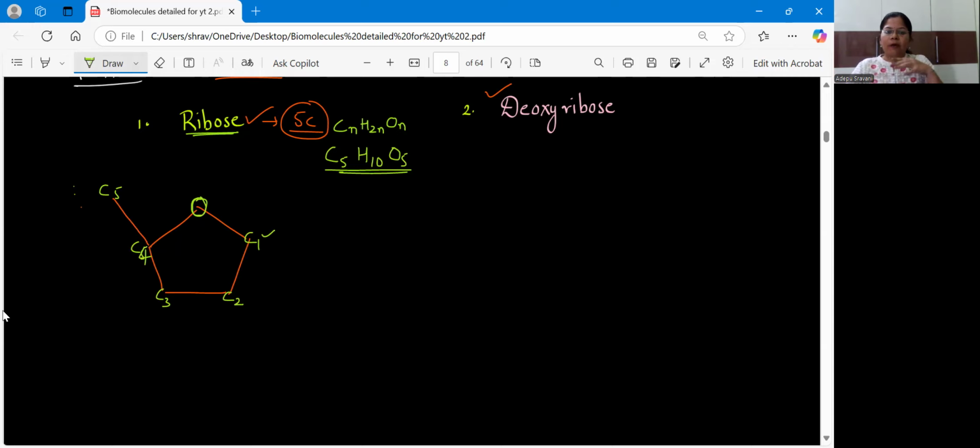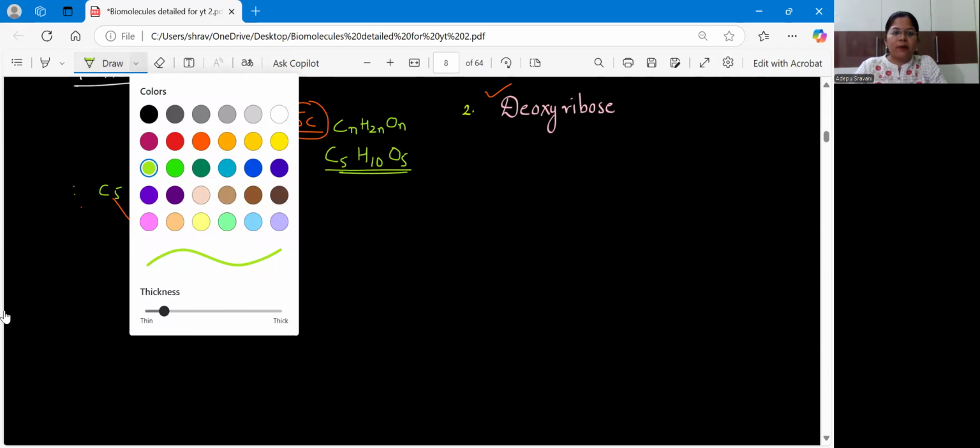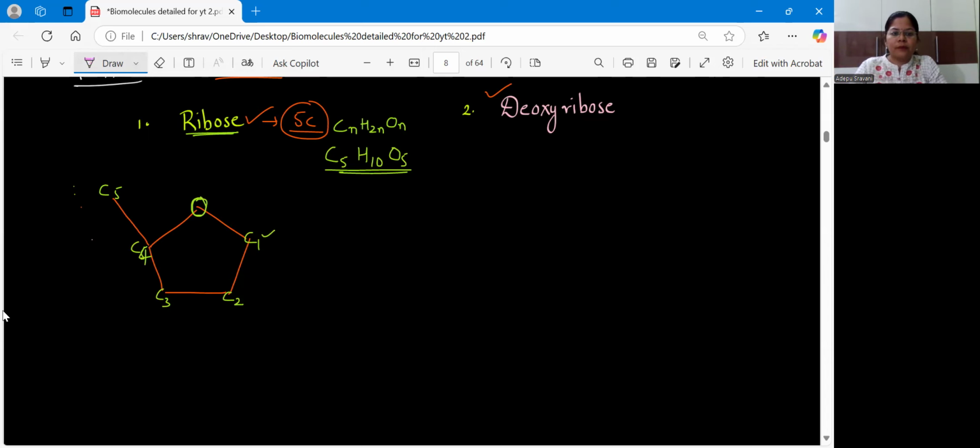Now we have to fill these carbons with their valencies. If I fill the carbon valencies, C1 has H and OH, C2 has H and OH, C3 has H and OH, and since C4 already has 3 bonds, the 4th bond will simply have H. C5 will have OH and H2. Clear?